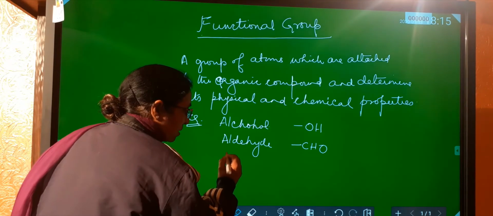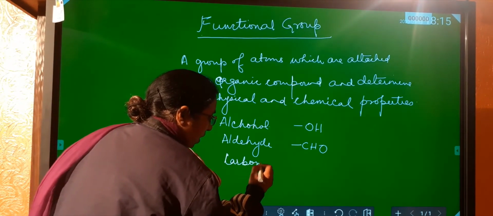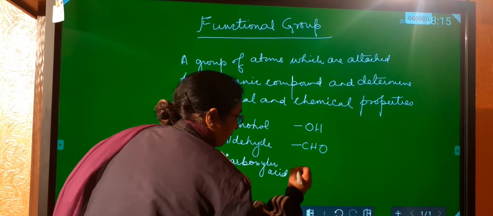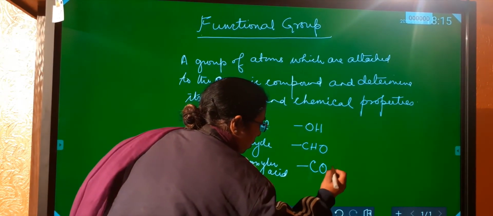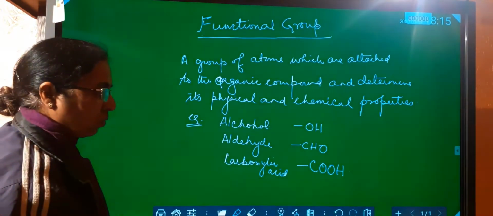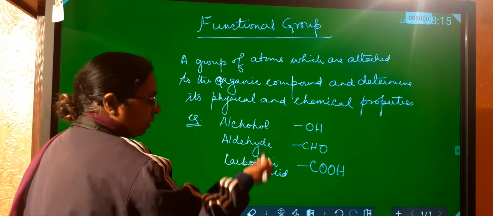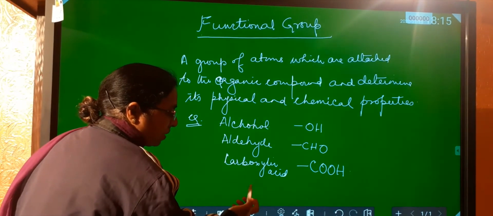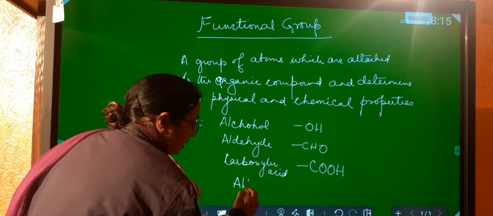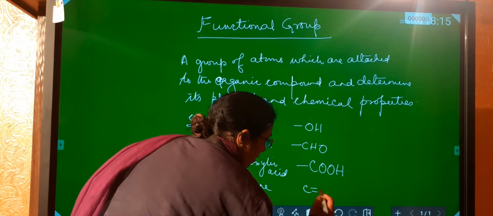Similarly, if it is a carboxylic acid, then we will be having the functional group COOH in the end. Similarly, as you have already seen, if it is an alkene, then we have a CC double bond.